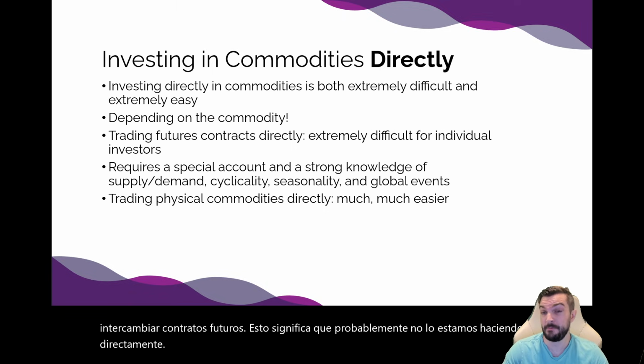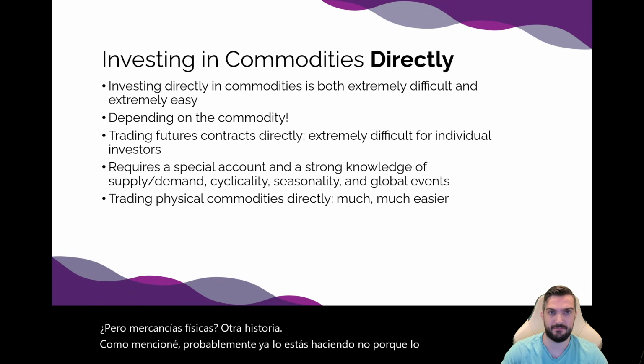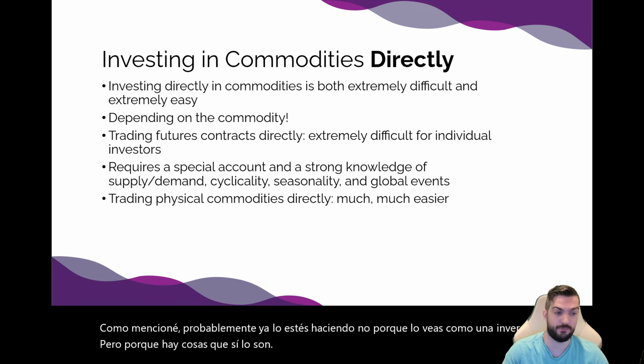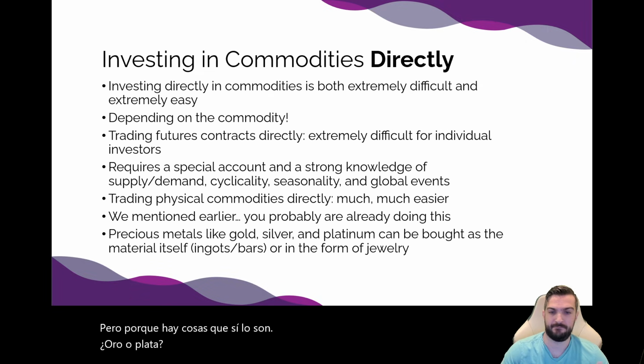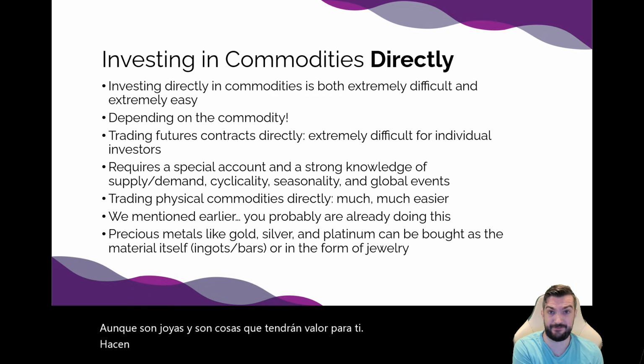Physical commodities, though, different story. As I mentioned, you are probably already doing this, not because you're thinking about it as an investment, but because you have some things that are gold or silver. Those gold, silver, platinum pieces of jewelry, while they are jewelry and they are things that will have value to you, they do, as raw materials, have significant value to the market as well.